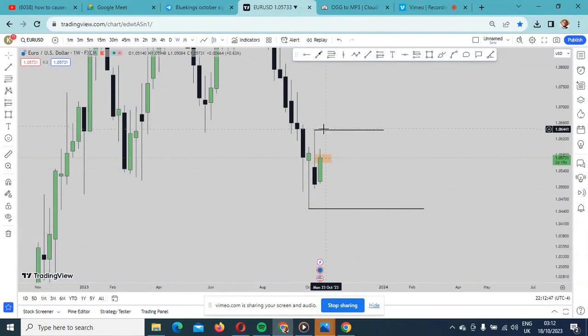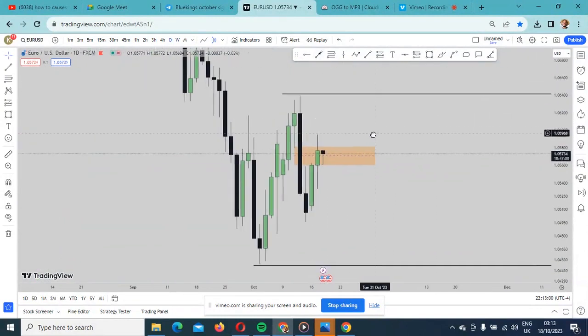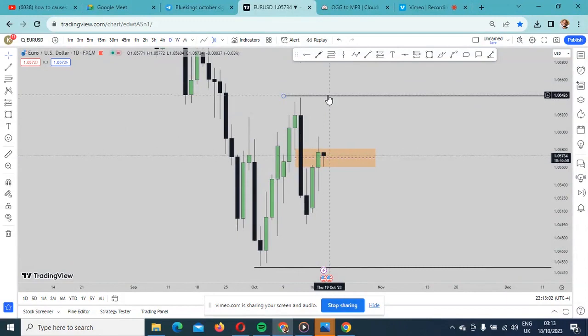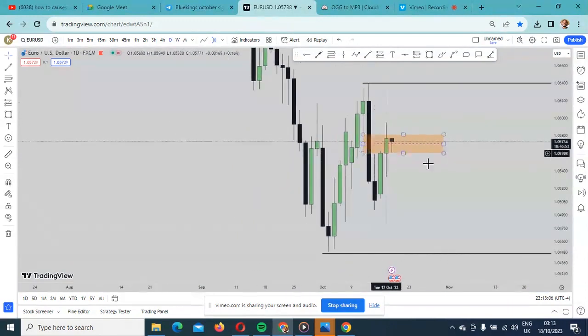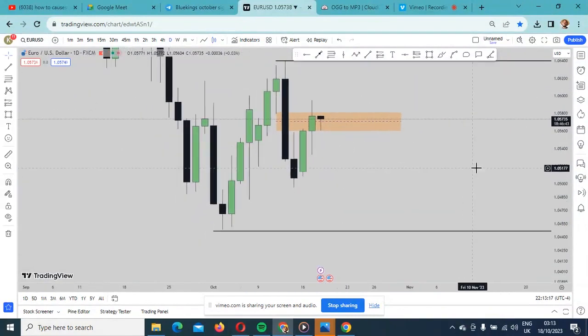If this is a draw on liquidity, this buy side liquidity on the daily, on the weekly this sell side, and you see that price is gravitating towards this, then on the daily you still look at that spot and understand that price is still headed there. Don't take your eyes off it, but know that on the daily there will be closer draws on liquidity than this. In as much as price is moving to the upside, moving in the direction of this, you find other draws on liquidity that price is moving to.